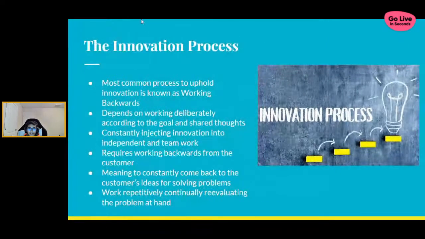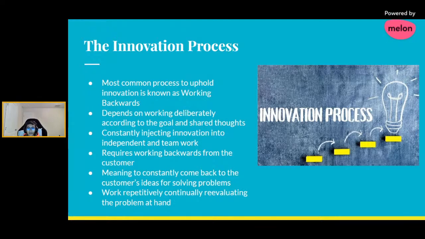Next, the innovation process. The most common process to uphold innovation is known as working backwards. This depends on working deliberately according to the goal and the shared thoughts of the customer. You constantly inject innovation into independent and teamwork, and you do so by working backwards from the customer's goals of the product or what they want.